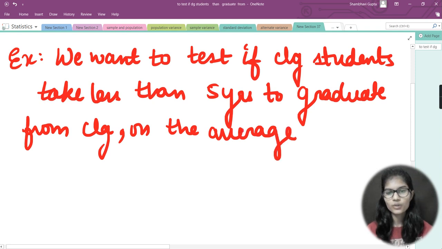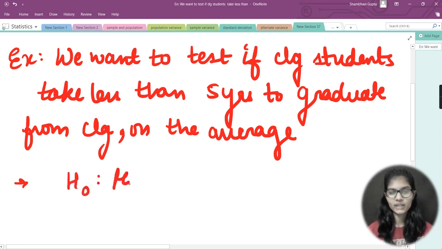Now, according to the null hypothesis and the alternate hypothesis, my answer for this question is that the null hypothesis, H naught, is mu, my average, greater than or equal to 5.